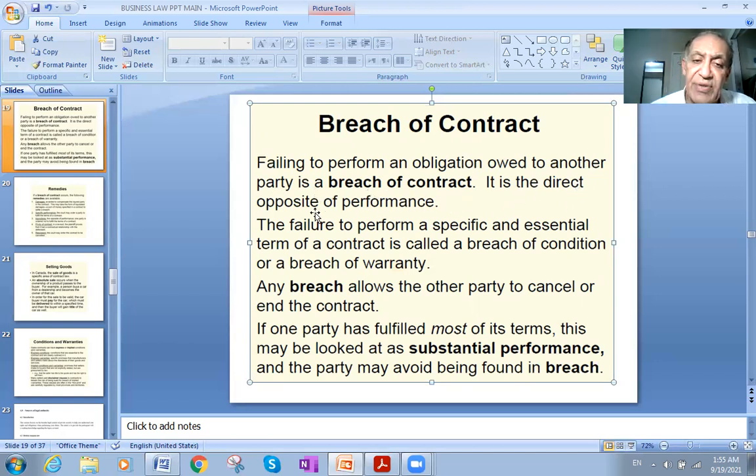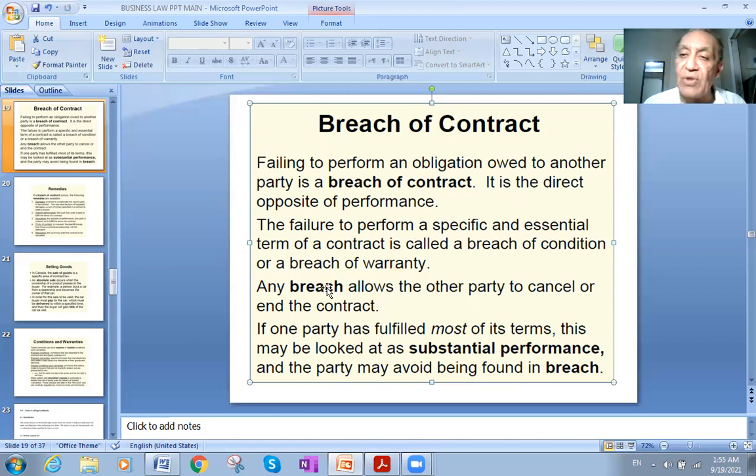It is the direct opposite of performance, because the contract requires both people to conduct an action, but I didn't pay the money. I didn't do what I have to do. In that case, this is a breach of contract. The failure to perform a specific and essential term of a contract is called a breach of condition or breach of warranty.